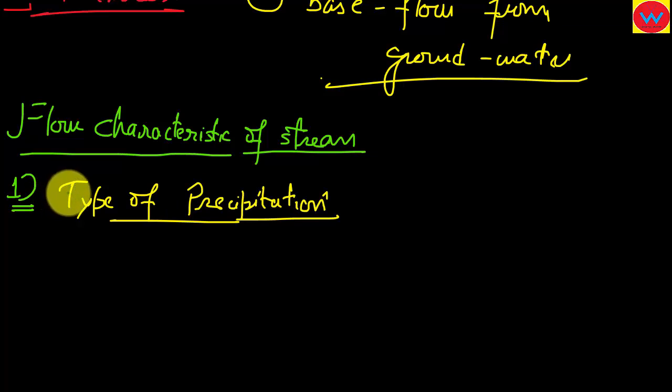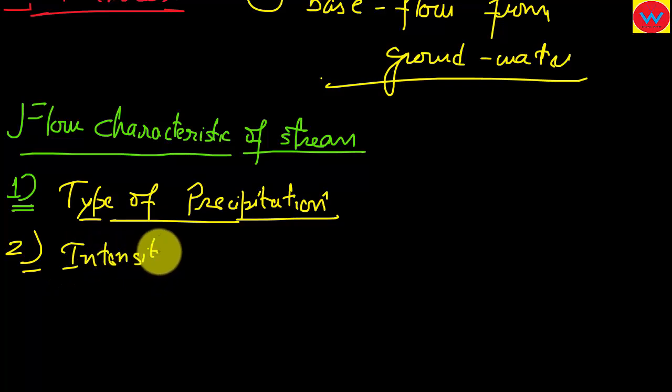If there is more precipitation or more rainfall, the runoff will be more. So it's quite simple. Second is the intensity. If intensity is high, then infiltration will be less and also seepage will be less and runoff will be more.